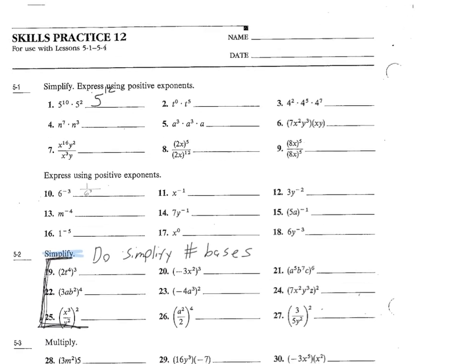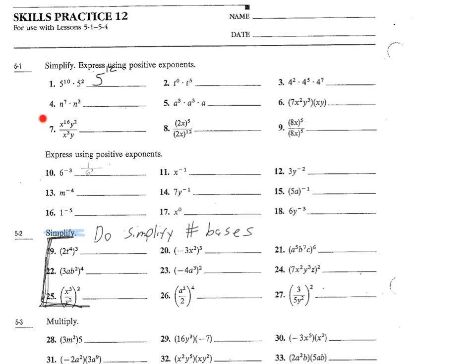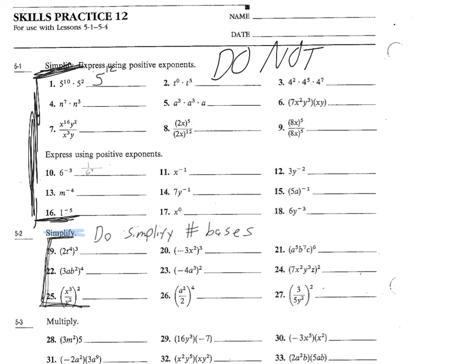In these sections, oops, sorry about that. I hope I didn't make anybody motion sick. These sections right here do not simplify number bases. Do not, very big caps, underline, simplify number bases.